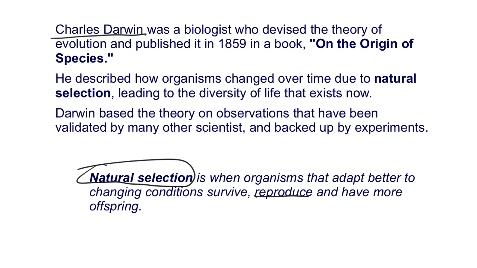So my modern explanation a few slides back: individuals that had the better adaptations that allow them to survive better, reproduce more successfully, and because they reproduce more, they left alleles in the population for those adaptations, those favorable traits.